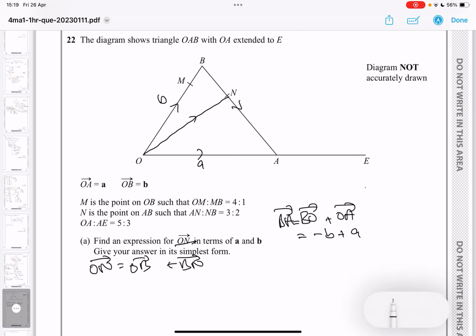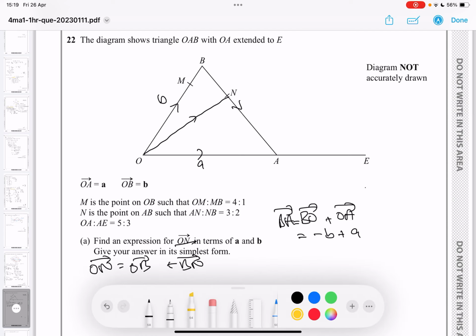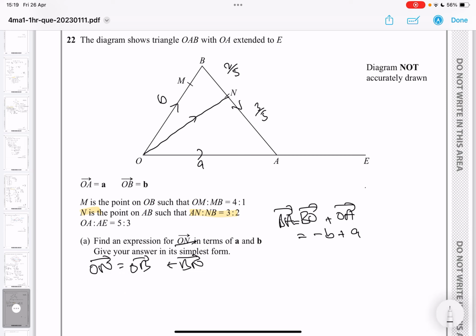And what the question tells us here is that N is the point on AB such that AN to NB is equal to 3 to 2. So they split that line into 5 parts, so that this is 3/5 and that is 2/5. Okay, that's the ratio. So now we can easily work out what BN is because it's just 2/5 of BA. In other words, if we write it as a vector, it's going to be 2/5 of minus B plus A. And now we just need to substitute that into here.